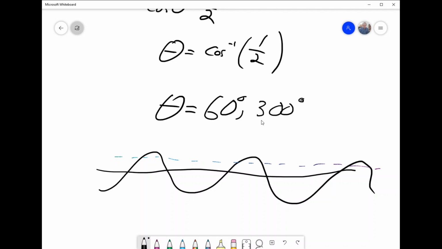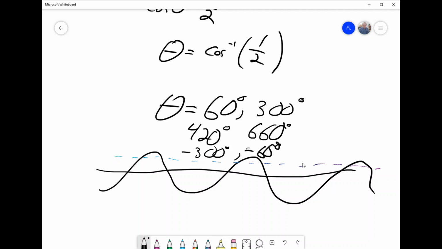Take the cosine of 300 and see what comes out. Take the cosine of 420 degrees, or the cosine of 660 degrees, or the cosine of negative 300 degrees, or negative 60 degrees. All of these are going to end up giving you 1/2.